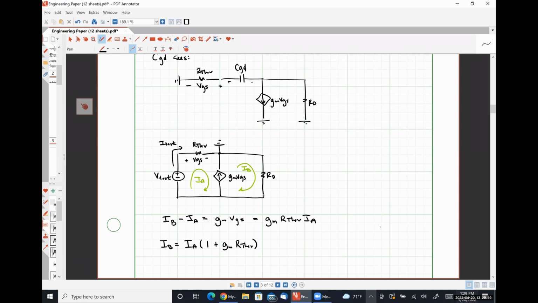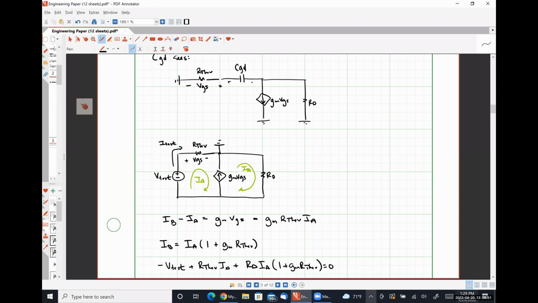So that's going to look like negative V test plus R Thev IA plus RD times IB, which is simply IA times (1 plus gm R Thev), is equal to 0.